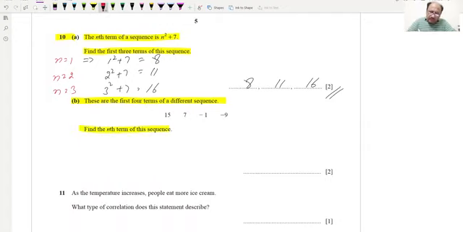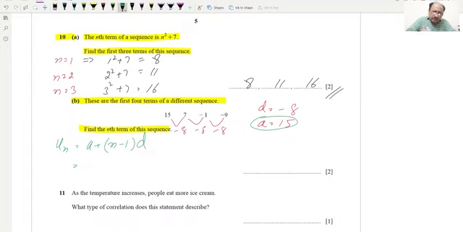So to find the nth term we require the d value. The d value will be minus 8, minus 8, minus 8. So the d value is equal to minus 8, the a value is equal to 15, and the formula we know is un, the nth term, is equal to a plus n minus 1 into d, and the a value is 15.